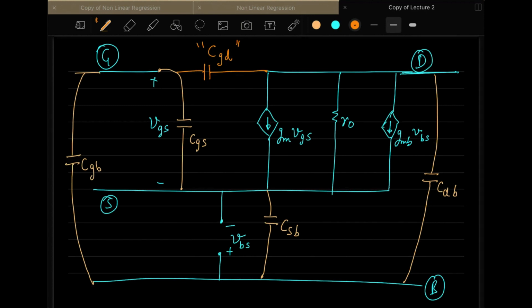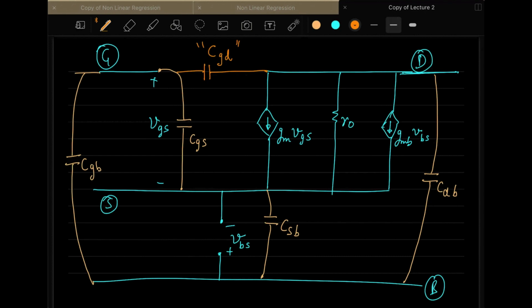Note that, as you might have studied in your basic electronics courses, when we are working in the low frequency region, all these intrinsic capacitances will act as an open circuit, and they have no role to play in the analysis.